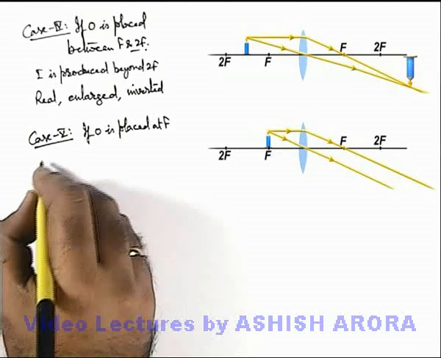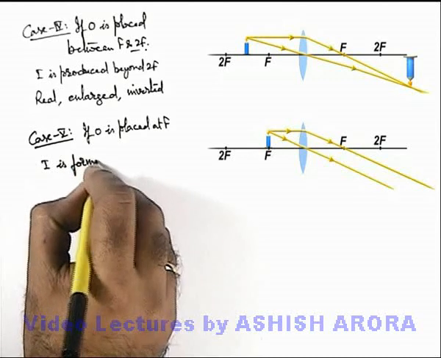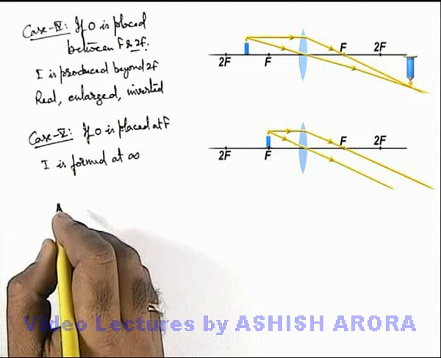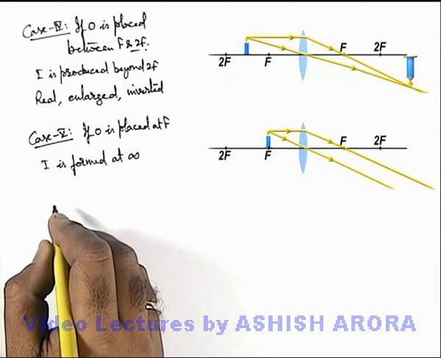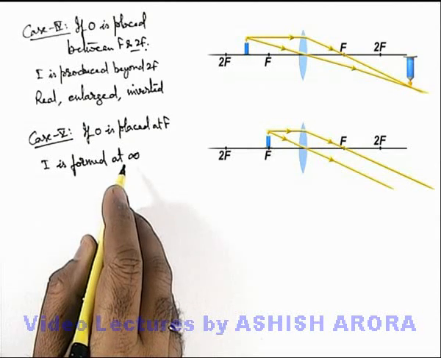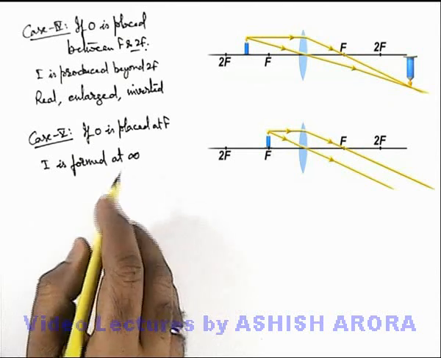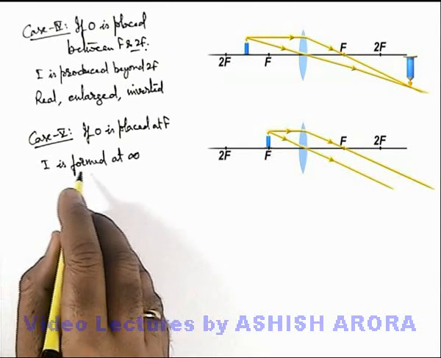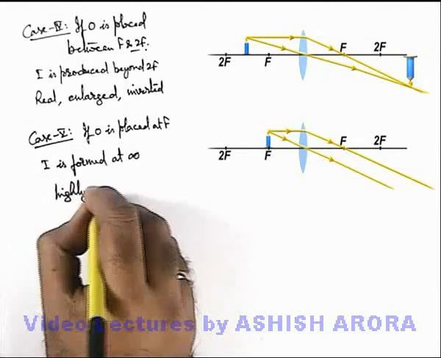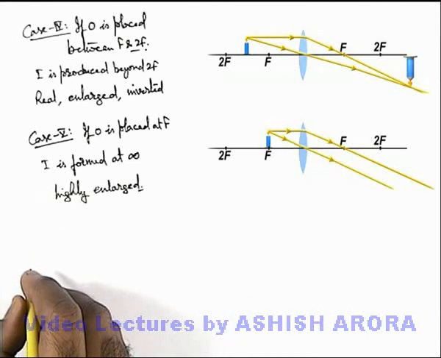So here we can see that the image is formed at infinity because parallel rays will meet only at infinity. We already studied that whenever refracted rays are parallel we say the image is formed at infinity, and in this situation we cannot define the nature of the image. So here we'll simply write in this situation I is formed at infinity and it is highly enlarged because it is located far away from the lens.